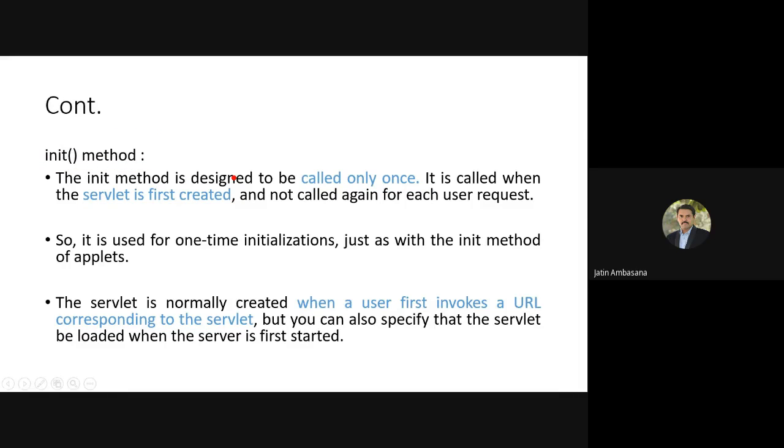Or it may get executed once the servlet is loaded, or when the server is first started. When the server starts, it may load the applications, and at that time it may load the servlet. But normally it is not that. It is called when the first request comes in.